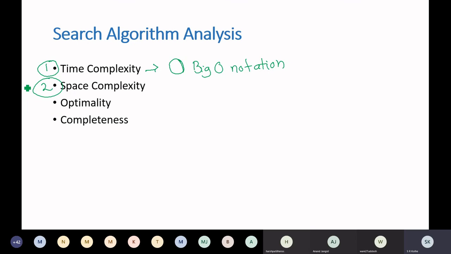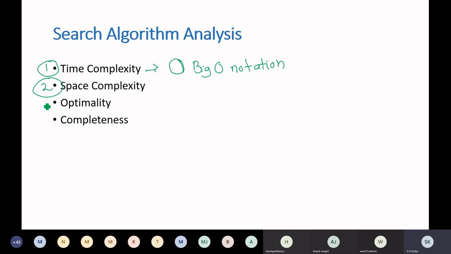The maximum memory space required during execution of your program, that is the space complexity. How we define space complexity, that we also know. We use big O notation for that in terms of order.